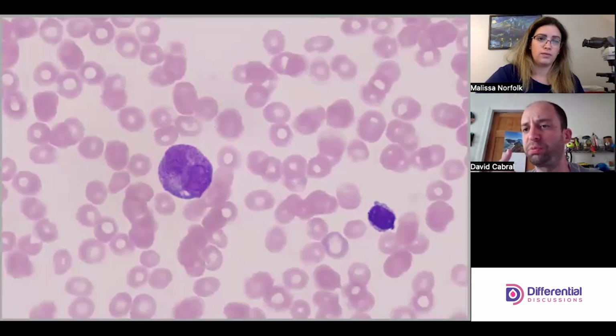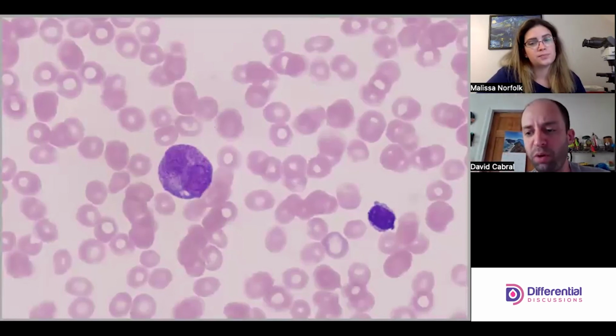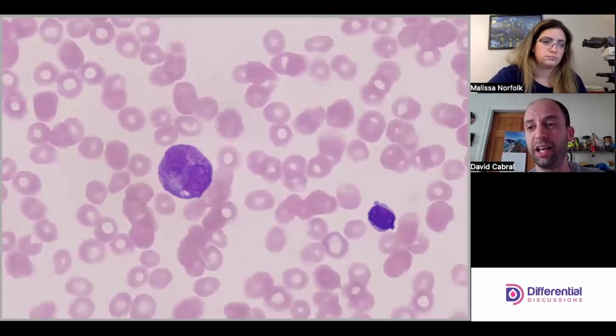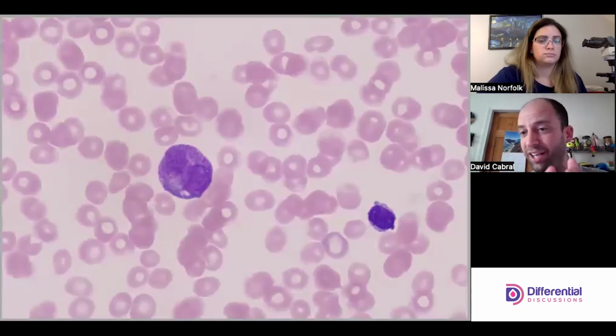There's one thing I just wanted to add. With an APL, one of the hallmark pathologies associated with it is this hypercoagulability, right? I know in my experience, I always kind of patted myself on the back and felt like a superhero because when I saw these and recognized that there's an M3, I asked the docs to order a fibrinogen and D-dimer. I know this isn't a coag discussion.